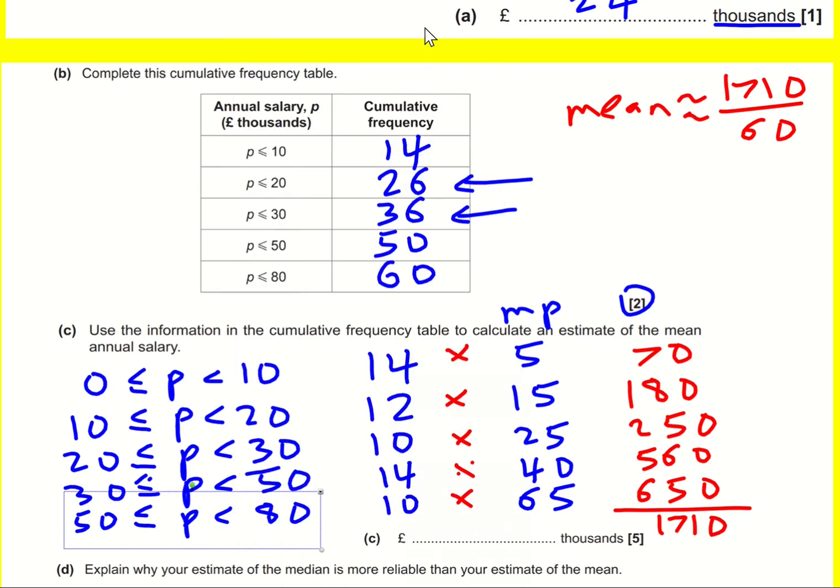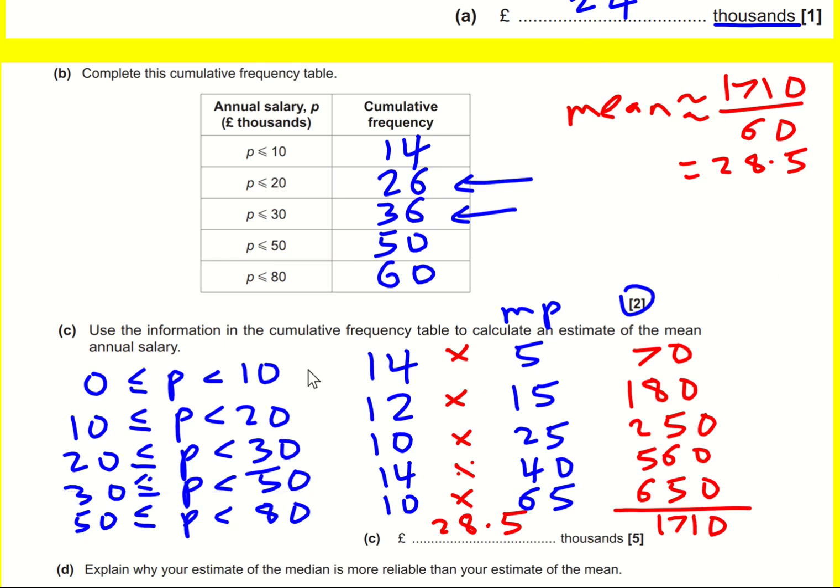Okay, maybe a bit less, 28.5. So 28.5 thousand. That looks about right. It's in that middle interval. I'm happy with that. Explain why your estimate of the median is more reliable than your estimate of the mean.